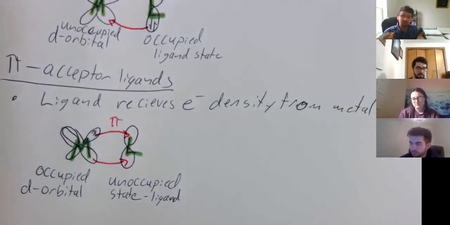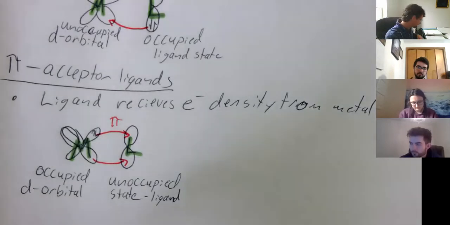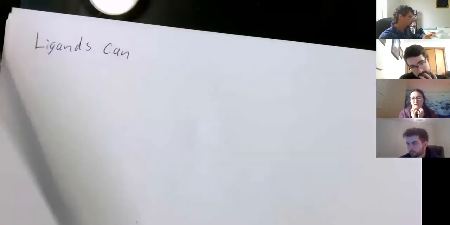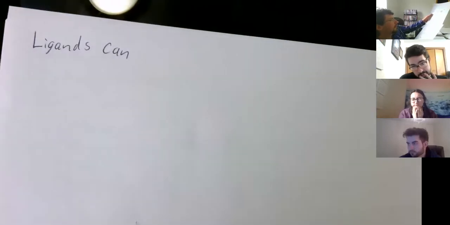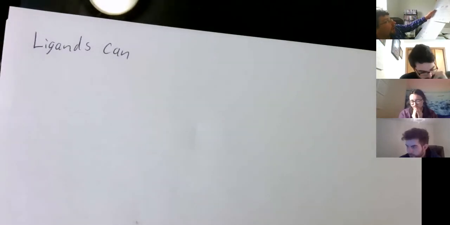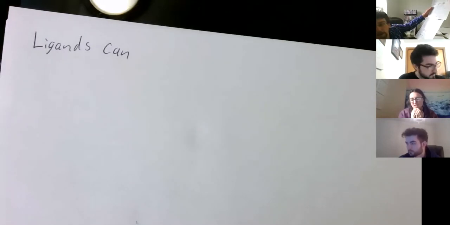So you can actually have two of these types of bonds happening at once. A great example of this is the ligand carbon monoxide. So ligands can be a combination of these things. Wait, shouldn't there be one more acceptor donor one? We got sigma donor, sigma acceptor, pi donor, pi acceptor.